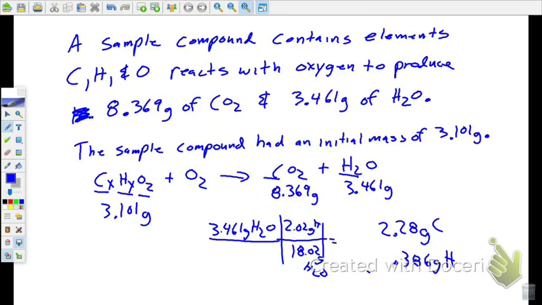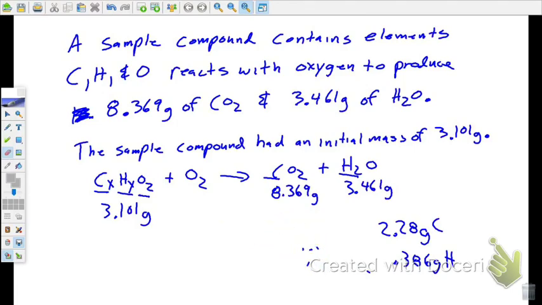All right. Any questions on this? So the only thing that we need to find is the grams of oxygen. We have grams of carbon, we have grams of hydrogen, and we have the total grams, because we know that of this 3.101, we've got 2.28 grams of carbon in there.